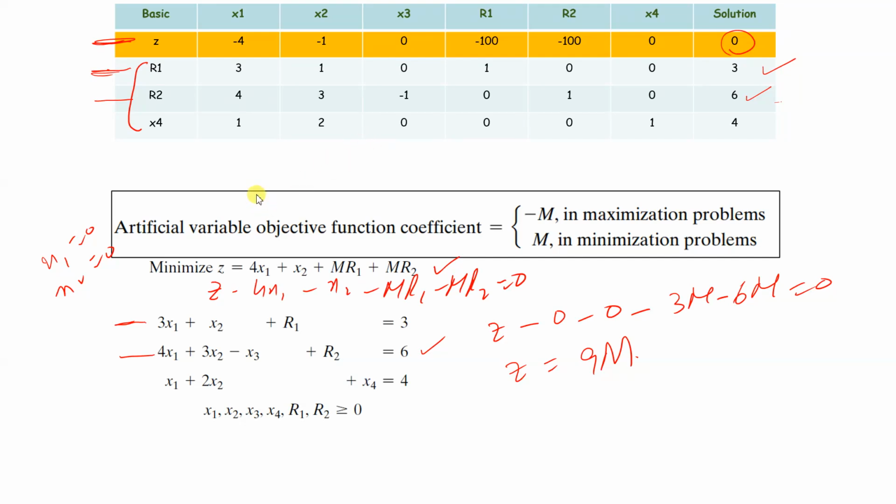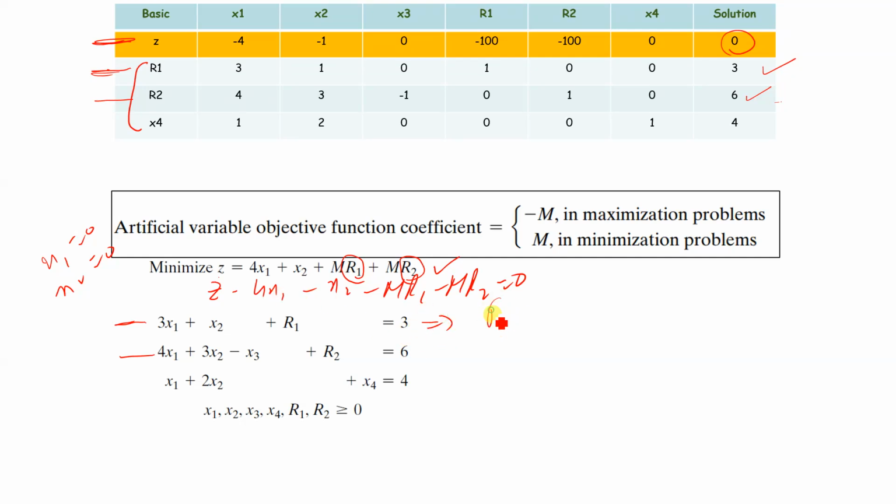So we have to modify this objective function, and for this we have to substitute these artificial variables out of the objective function. In order to do so, we have to find the values of R1 and R2 from their corresponding equations and substitute them into this objective function, so that R1 and R2 are substituted out of the objective function.